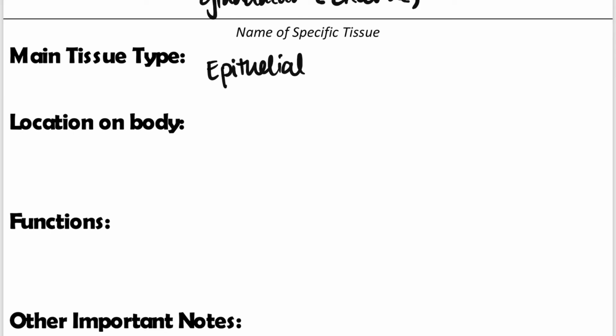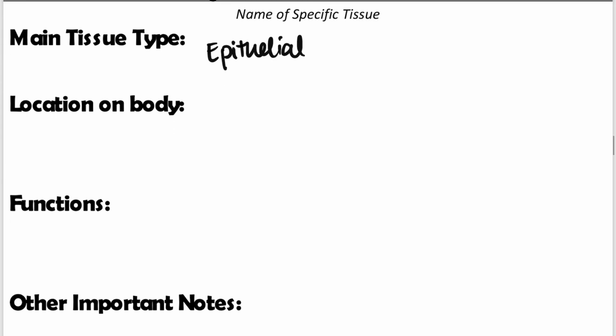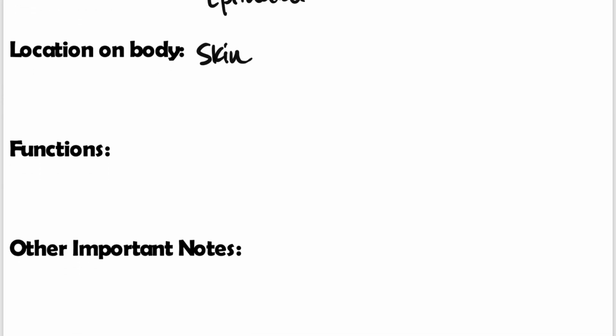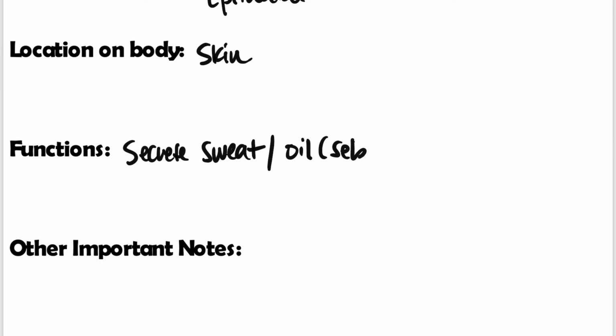Almost done with this video. Location on the body, obviously in your skin. It's the only place you'd find exocrine glands. Functions, there's only two: to secrete sweat or oil. Technically, the oil is called sebum, but we'll talk about that in the next unit when we get to the integumentary system.